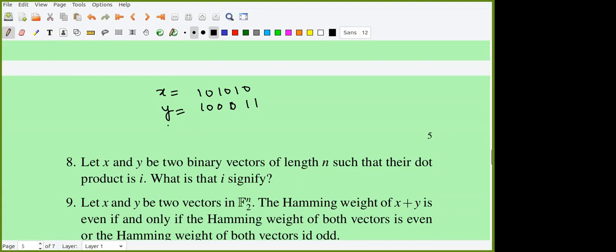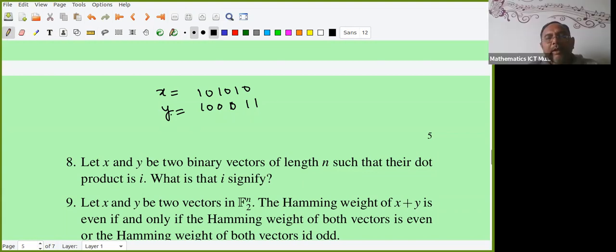Thanks. See, I want to find the dot product for these two. I'll write it this way. What is it I want to say?